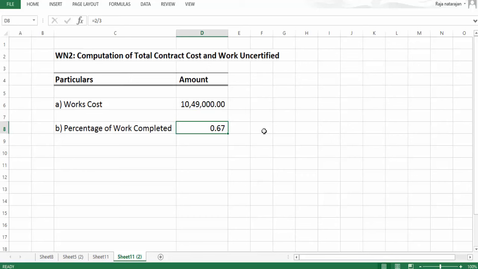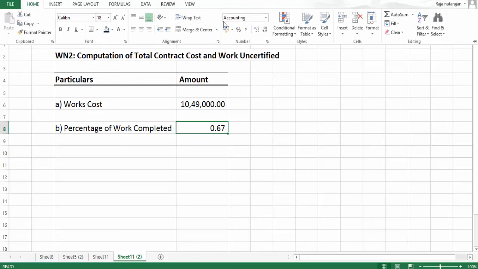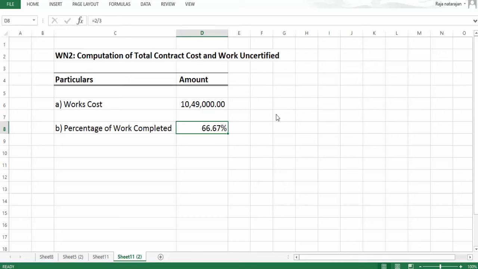Okay, so what we can understand is this 10,49,000 represents 0.67. It means 67%. Or if I put it rightly in percentage, it should be something like this, 66.67%. Okay, so if this 10,49,000 represents 66.67%, what is 100%? So that's what we have to find out.